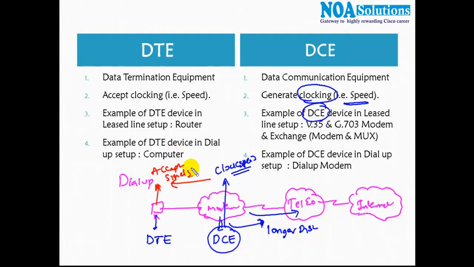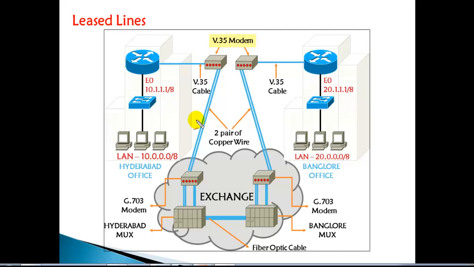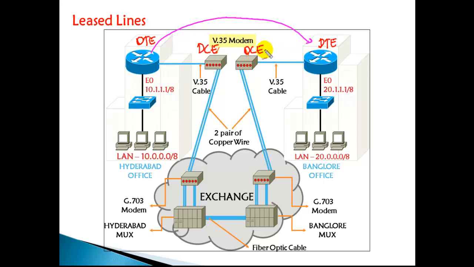Okay, so the same kind of setup we have in our routers also. Here also we've got some DCE devices, which are more like service provider devices, and then we've got the DTE, that is my router. So if you want to have communication from DTE to DTE, you need to send over the service provider network, and for longer distances on the service provider network we need some modems which will generate some clocking, which helps your data to be sent over longer distances.